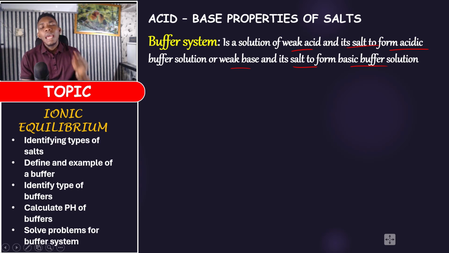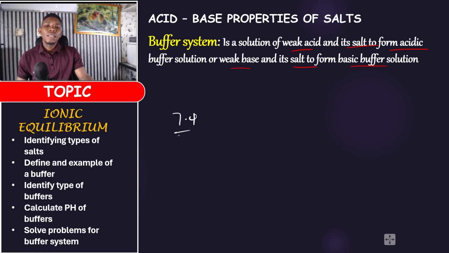Now, a buffer has the capacity to resist change in pH. The biological system is made up of buffers. That is why the buffer system in the body is responsible for regulating our blood pH and body pH. I know the blood pH is around 7.4.